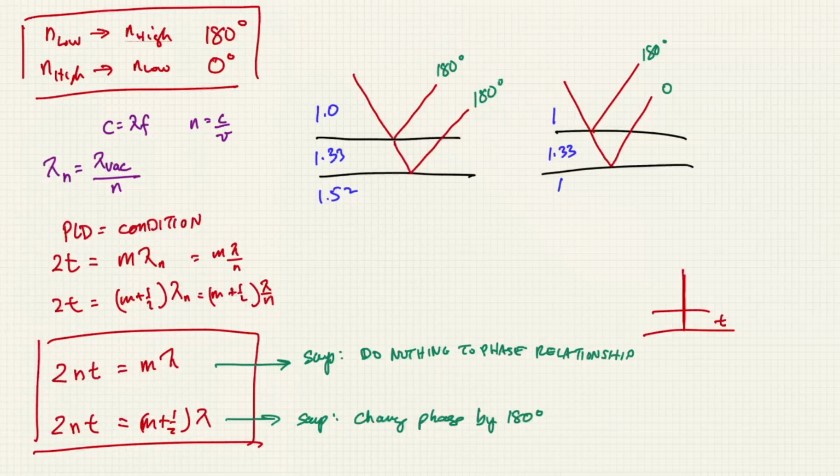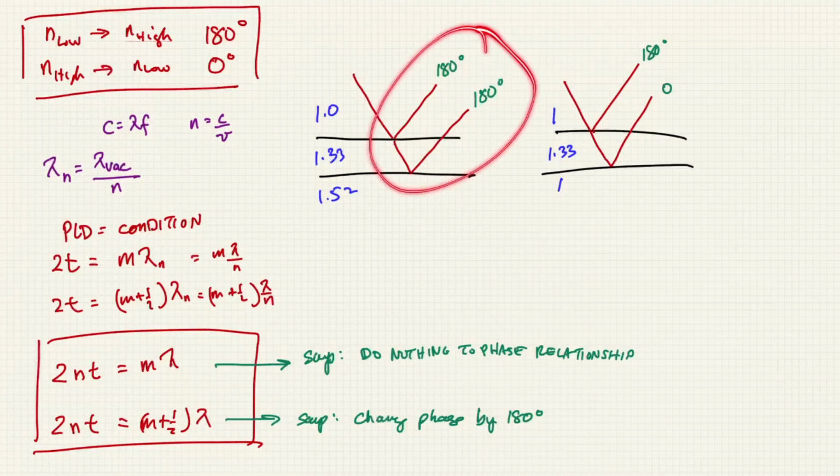And now let me do a whole bunch of examples. So in the two that I've got here on the screen, what is going on in this one that's right in the middle? If we left the entire system alone, if we did not alter the phase relationship between these two rays, would this be constructive or destructive interference?